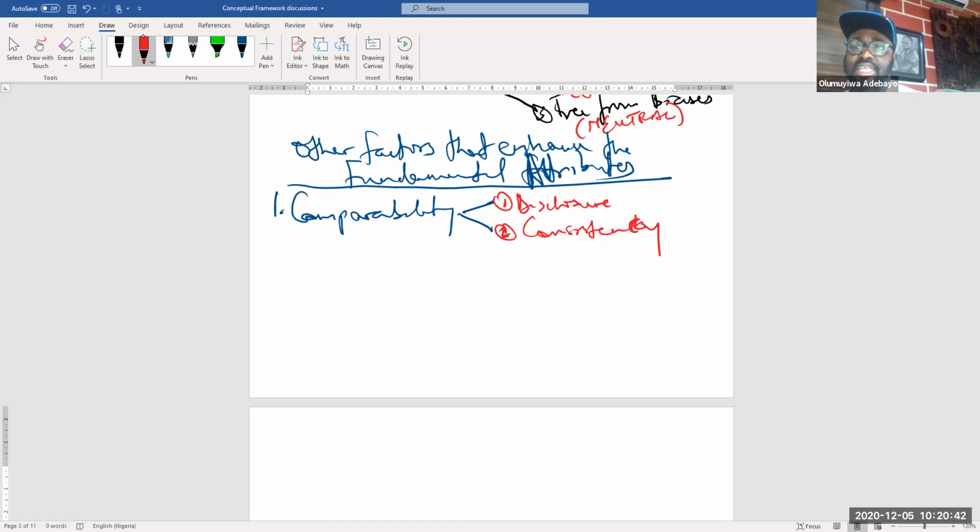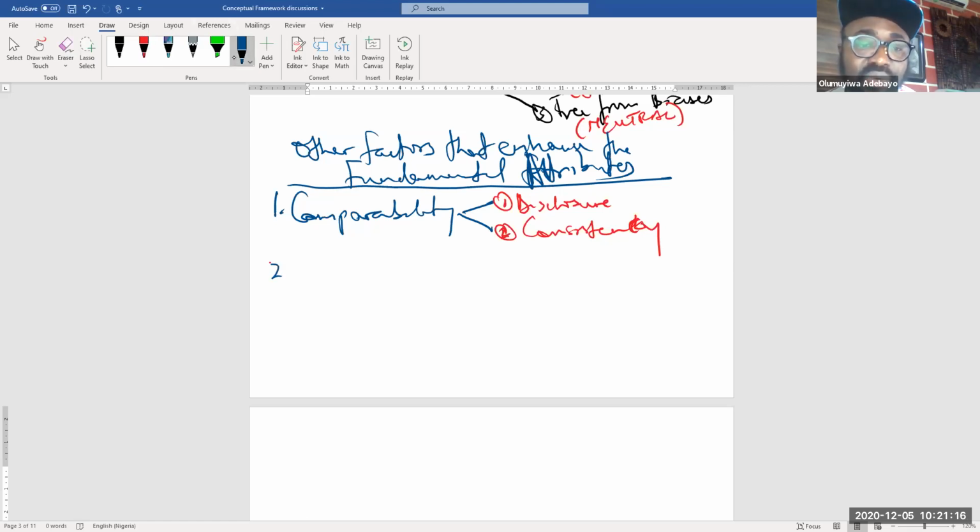If you are making a decision, it means you have at least two options, whether yes or no. How can you make a decision among options if those options have no basis of comparison, which means comparability must precede your choice in decision making. And financial reporting must guarantee such comparability, such that you are making decisions on the basis of comparing apple with apple and not apple with orange.